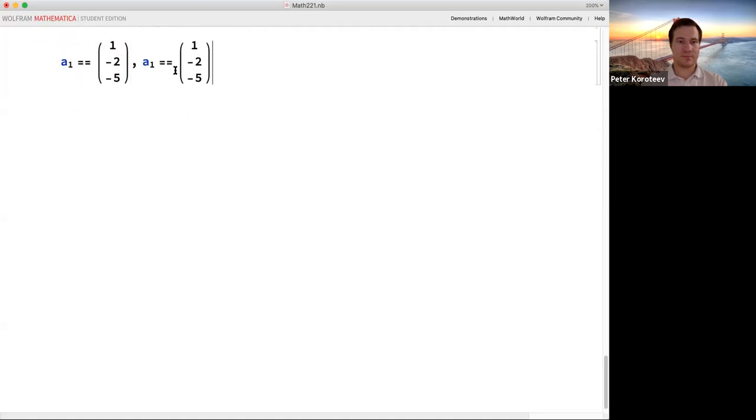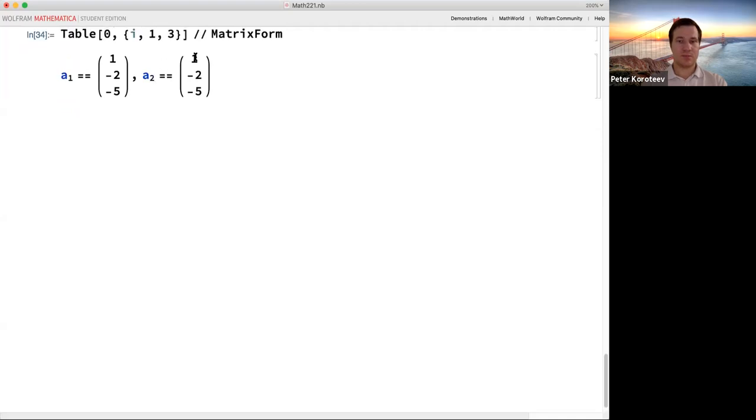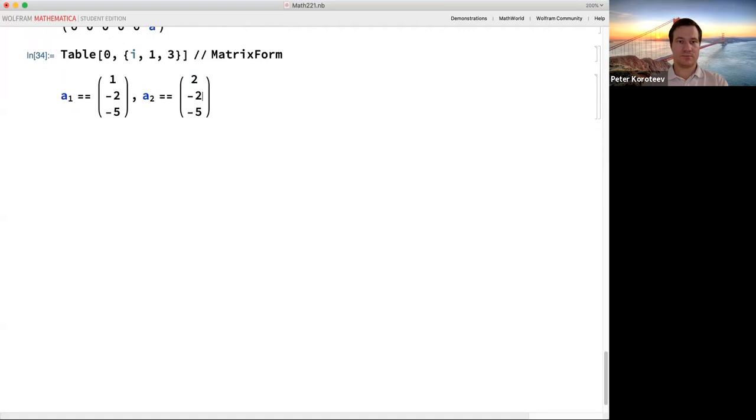Then vector A2 has components 2, 5, and 6. And vector B has components 7, 4, minus 3. Now, here's the question: can B be written as a linear combination of A1 and A2?